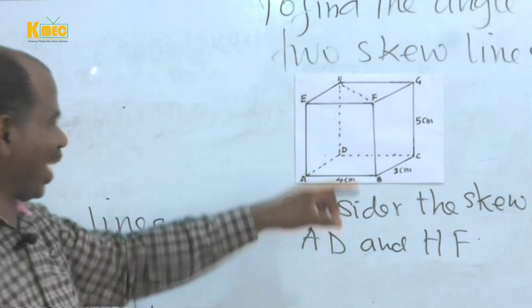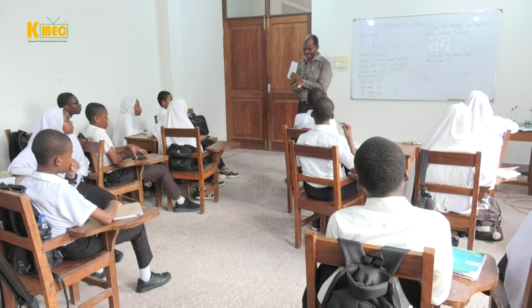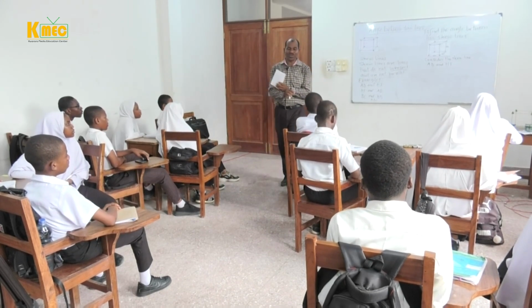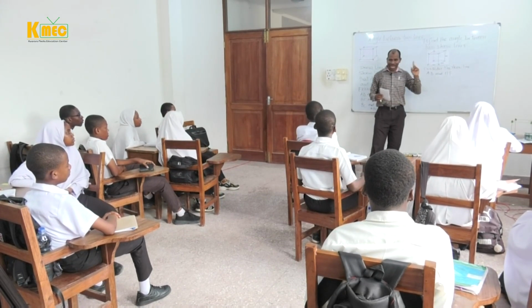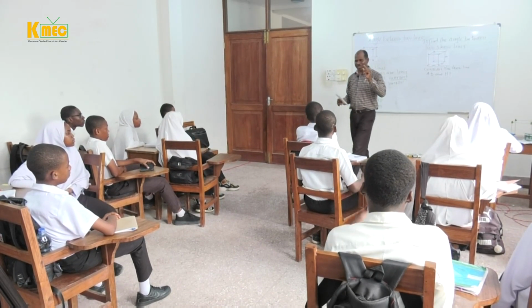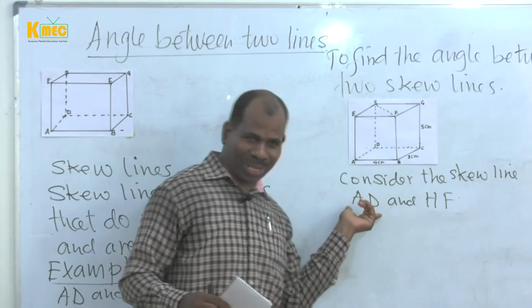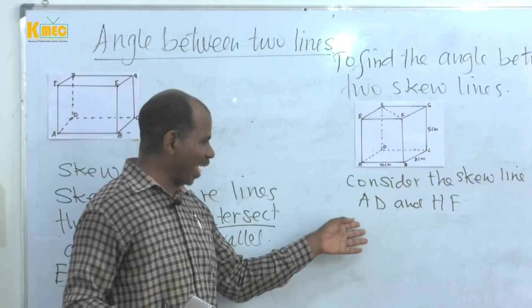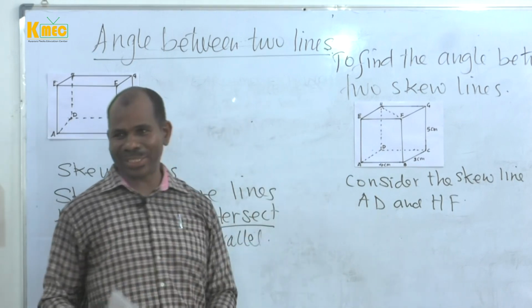To find the angle between them, we have to make sure that the two lines intersect. What method are we going to use? We find a line which is parallel to one of the two lines. Either find a line parallel to AD that meets HF, or a line parallel to HF that meets AD.